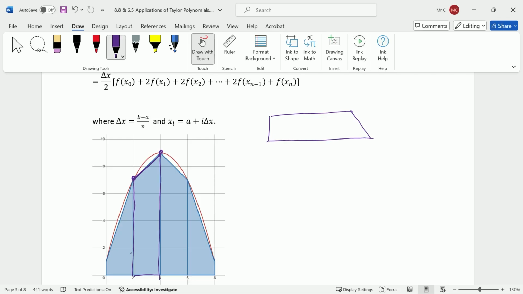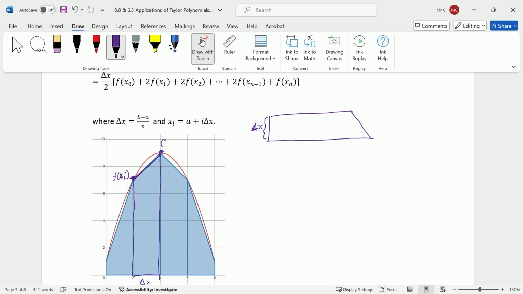Okay, so notice this down here is delta x, so I turned the formula sideways. And so delta x actually becomes the height of my trapezoid. And so this height here on the graph, that would be f of x. In this case, it's f of x2, but we'll be a little more general, f of xi.